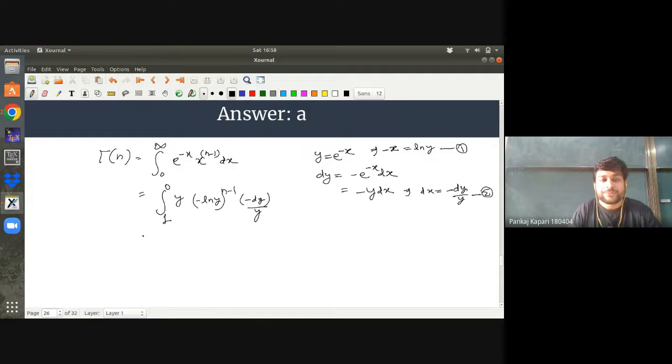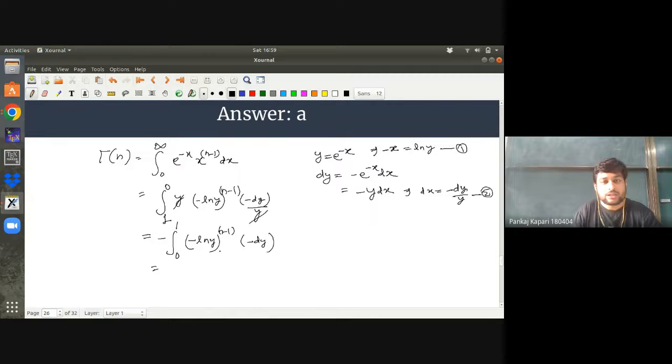Notice that this y will cancel, and when you change the limits of the integral, from 1 to 0 you can put 0 to 1. You'll get an extra minus sign, and minus log y to the power n minus 1 and minus dy.